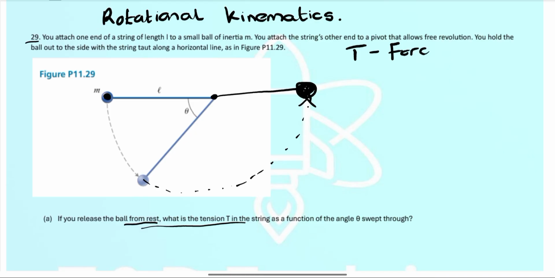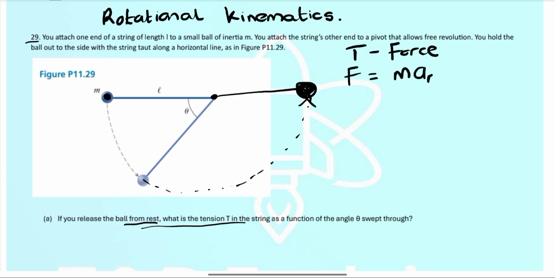So in order to find the tension, it is going to be given by the summation of all the forces acting on the ball. In this case, these forces will be given by mass multiplied by the rotational acceleration.